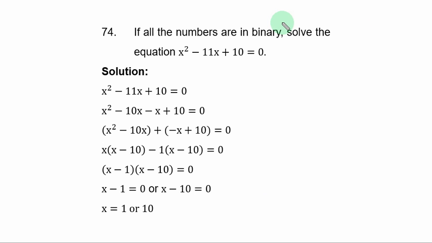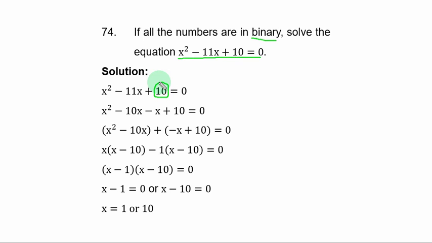Example 74. If all the numbers are in binary, solve the equation s squared minus 11s plus 10 equal to 0. This equation is quadratic, and all we need to do is to factorize. When factorizing, you look for two factors of 10, the constant term, whose sum is minus 11 in s.